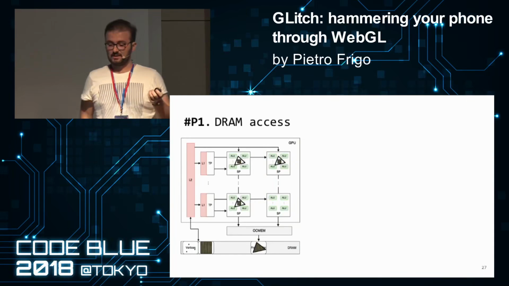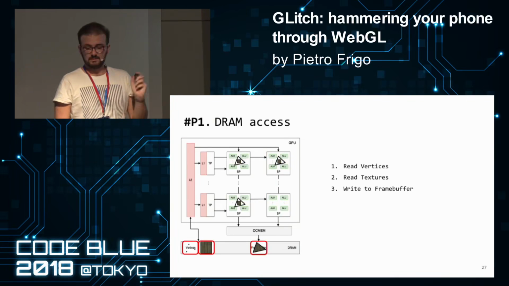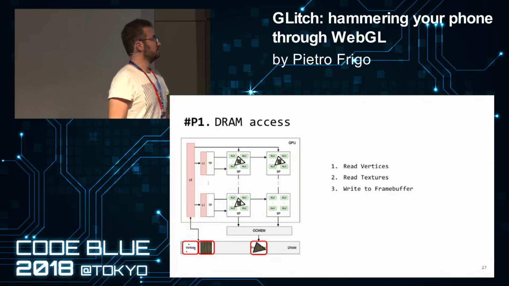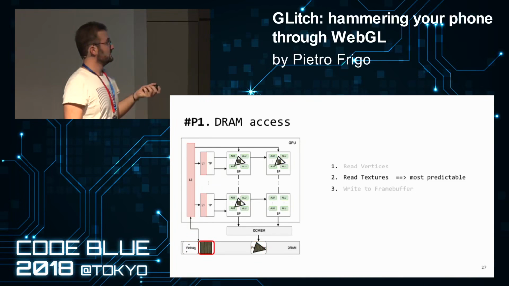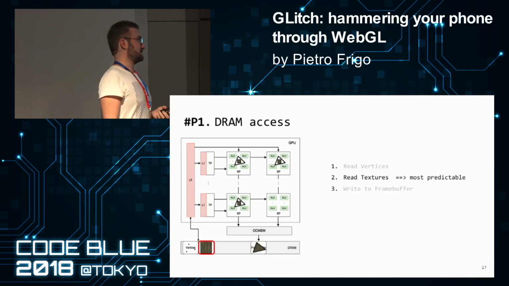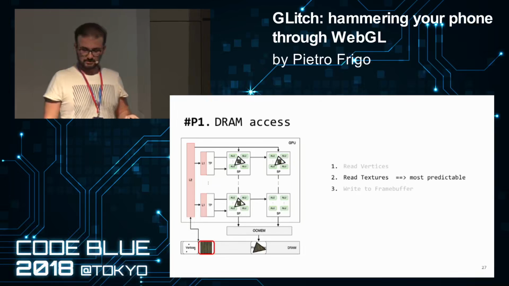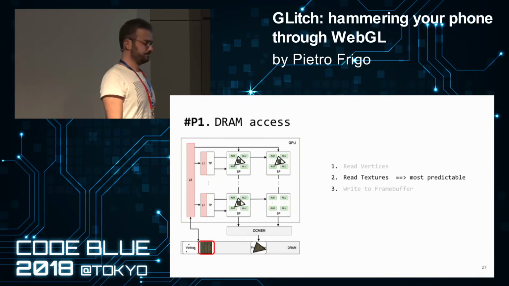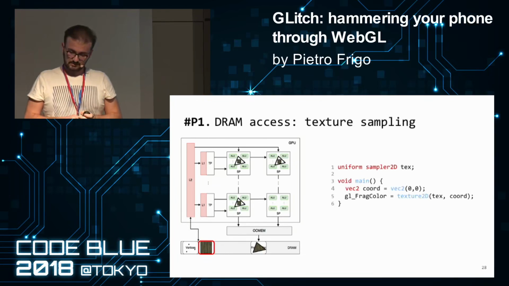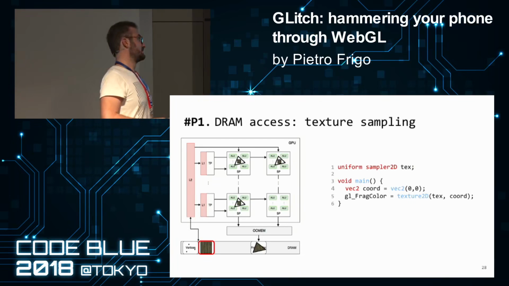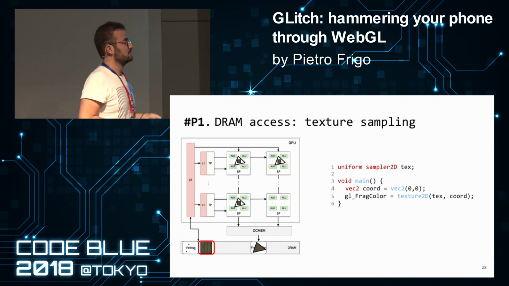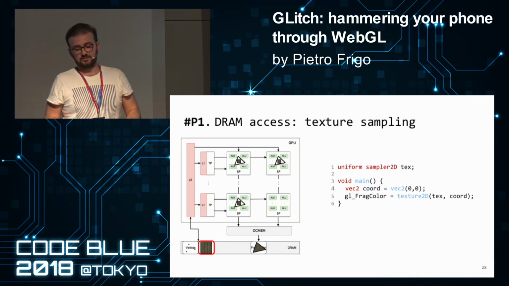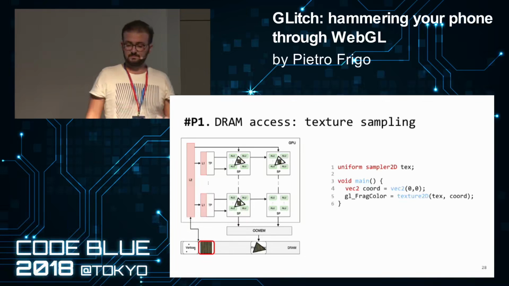Now, this gives you 3 possibilities to get DRAM access. These are the 3, so the vertices, and the texture, and the frame buffer, as you can understand. And it turns out that reading the texture is the most predictable one. So it's the one we chose. And the way this works is you can just write a program. So this is an example of a fragment shader, where you use this instruction, the texture2D instruction, to get the content from a texture at specific coordinates.